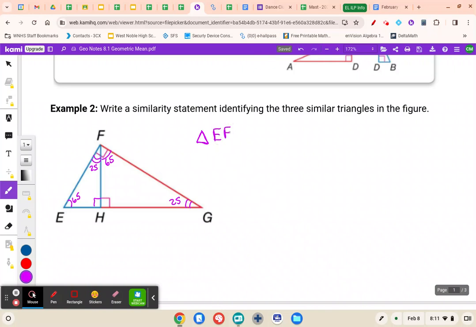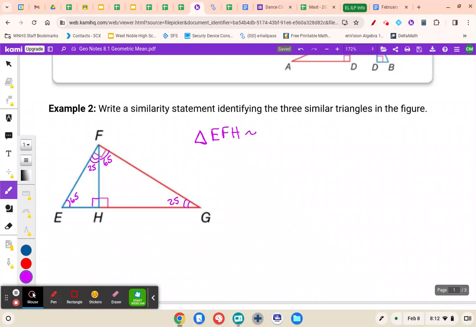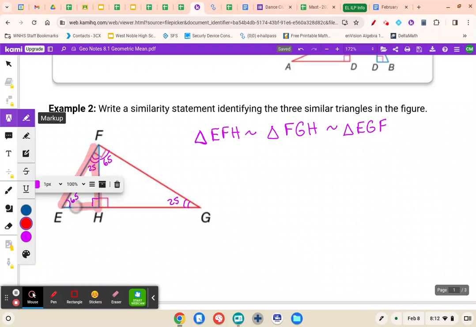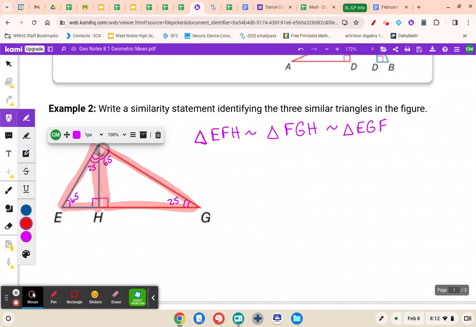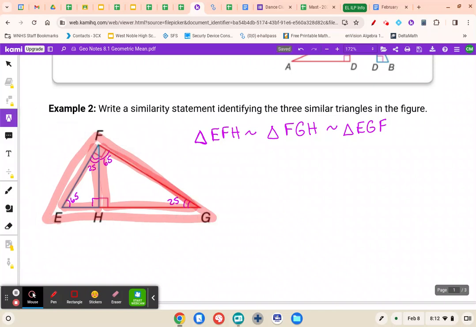I went from the 65 to 25 to 90, which means if I go to my medium triangle, my red one, I need to go 65 F, 25 G, 90 H. And then my largest triangle, 65 would be E, 25 is G, and then 90 is F. So make sure for each one you are following the same pattern as you go around. That way you know they're similar on their similarity statements.